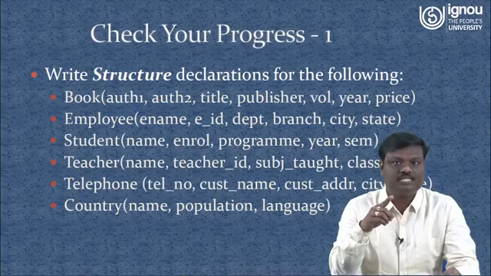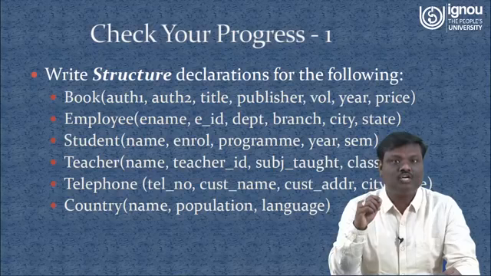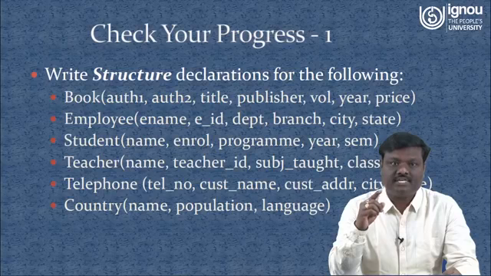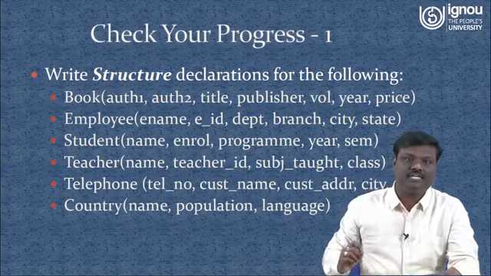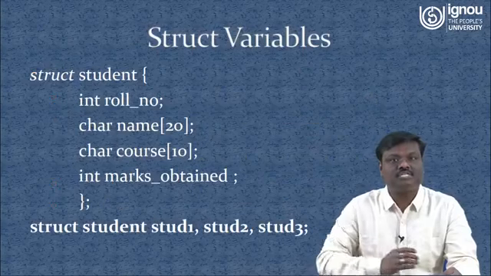Both of these you will take as character arrays, then title of the book, once again a character array, publisher, once again a character array, volume you may take int, year you may take int, and then price you may take float. So just try the structure declarations for all these examples given here: book, employee, student, teacher, telephone, and then country. Just try it. Then we will proceed on to the structure variables.